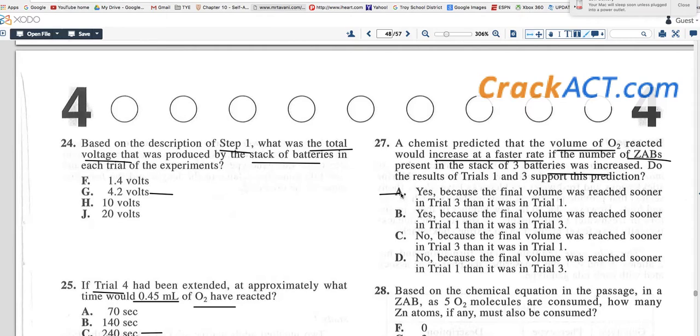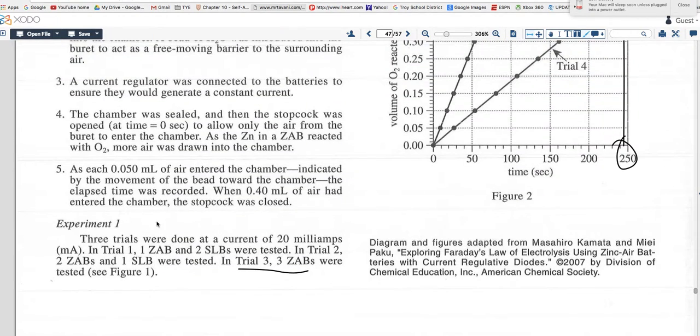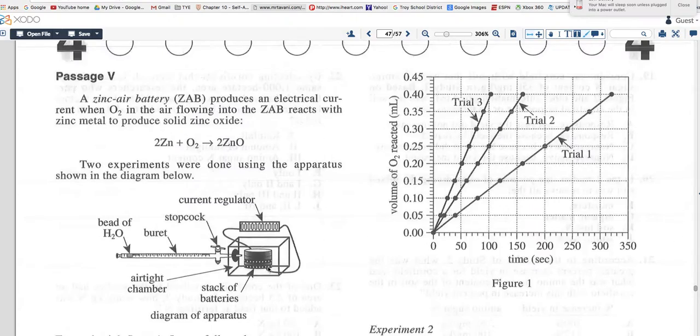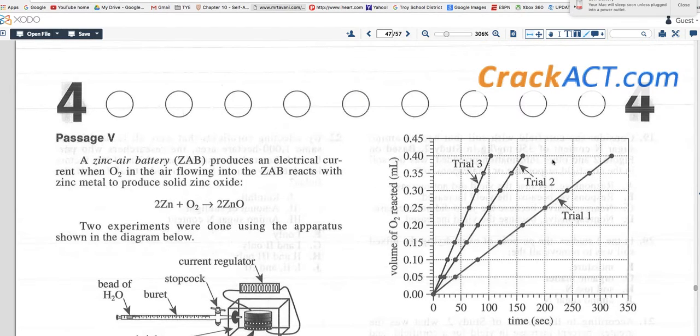Good. So they're basically saying a chemist predicted that the volume of O2 reacted would increase at a faster rate if the number of ZABs present in the stack of 3 bags was increased. So what we're going to be looking at is from trial 1 there's 1 ZAB, but in trial 3 there are 3. So we're going to compare trial 1 and 3. Notice how trial 3 has a steeper slope.